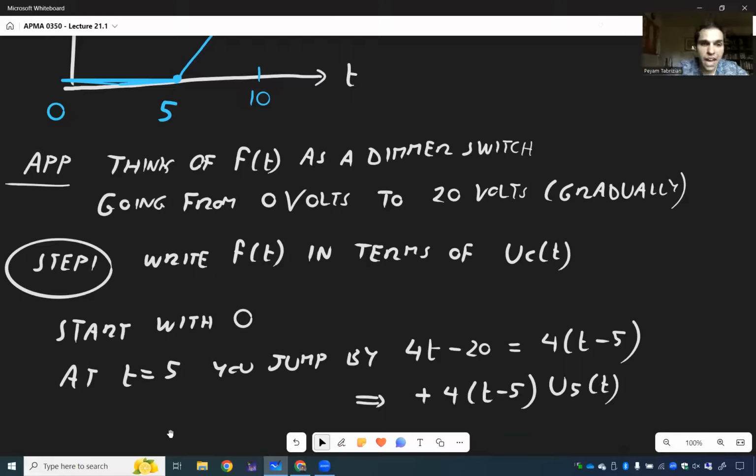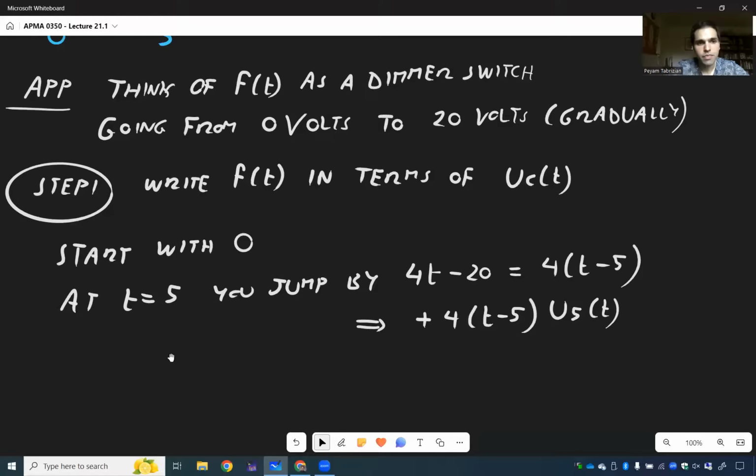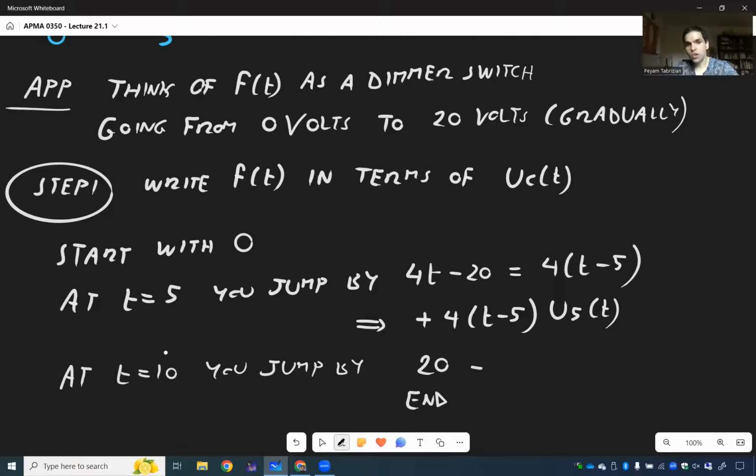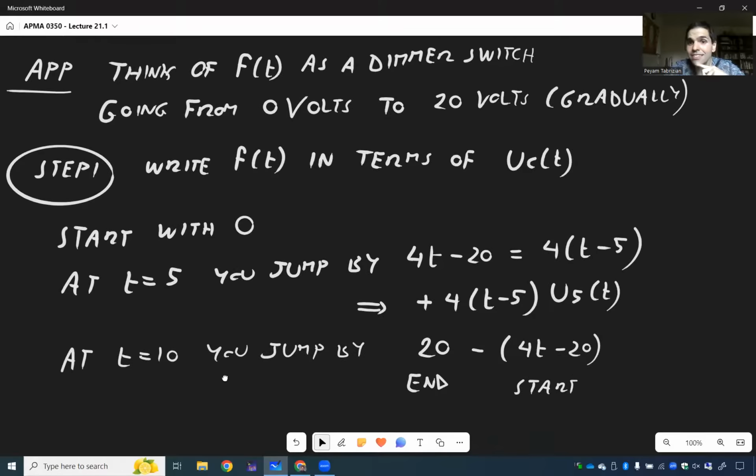And then similarly at 10. So at t equals 10, you jump by, remember, end minus start. So the end value is 20. The start value is 4t minus 20. And then you can simplify this.